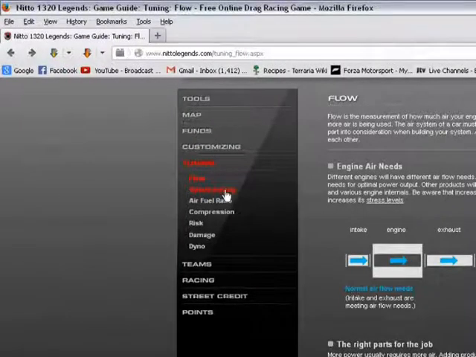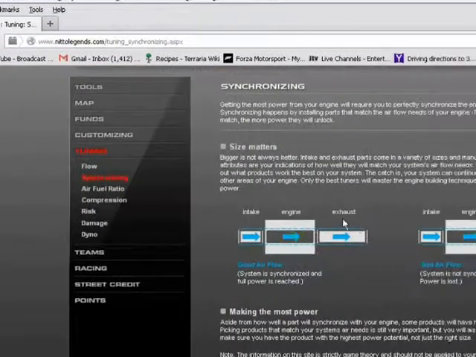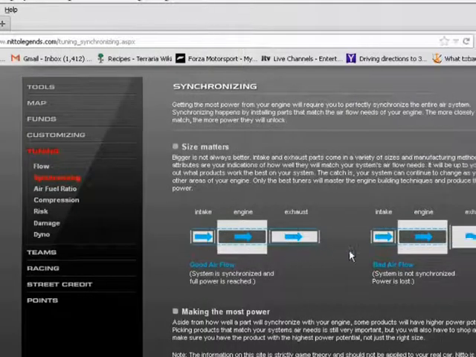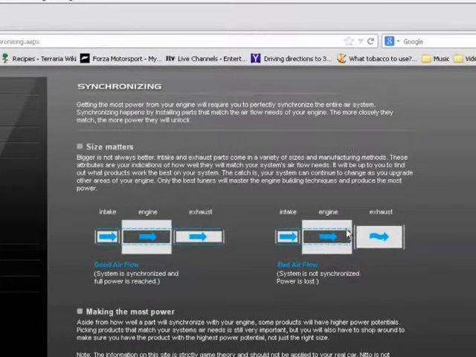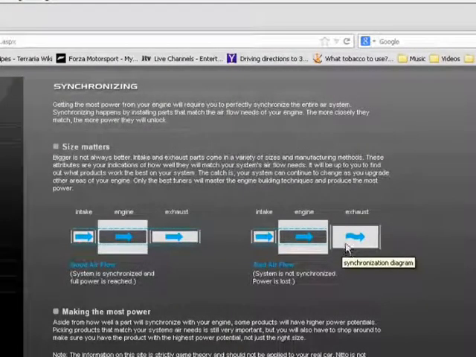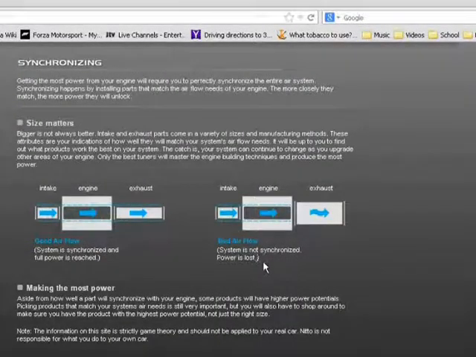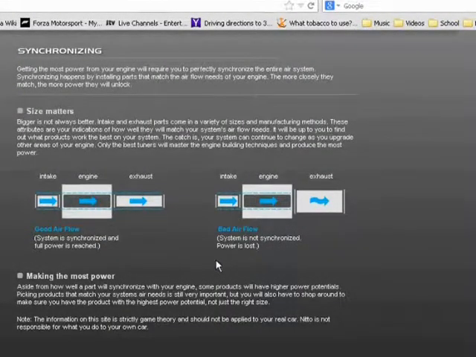Whoops, that went off screen right there. Synchronizing basically tells you what I've been telling you, and here's another good picture. Air comes in through the engine, but since you have a big exhaust, the air is just flowing, so the air is not synchronized. This also creates a loss of power.